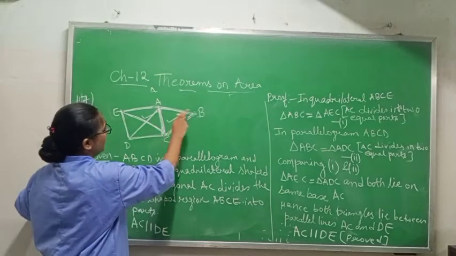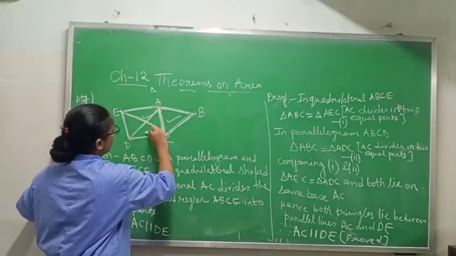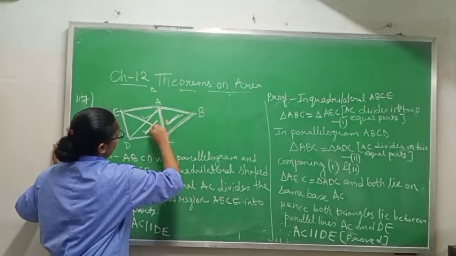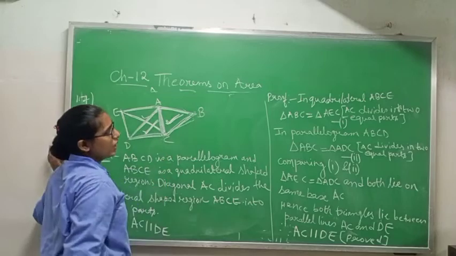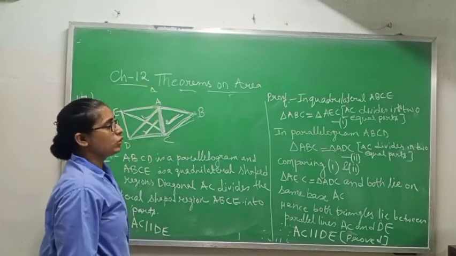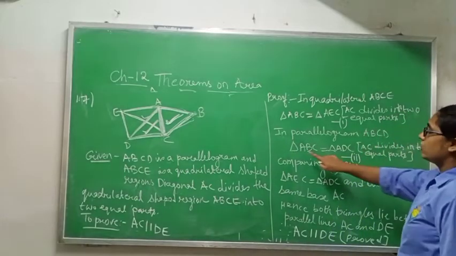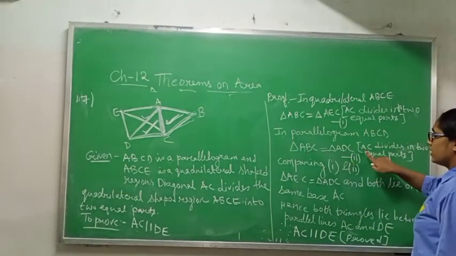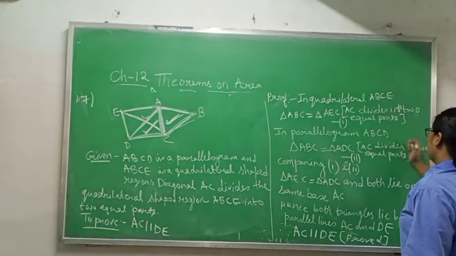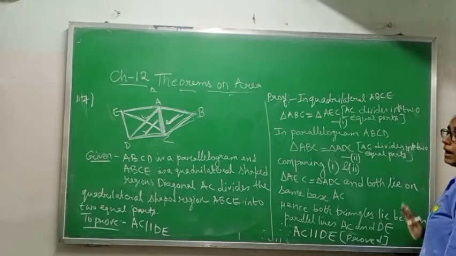It means that triangle ABC is equal to triangle ADC. This triangle and this triangle will be equal because AC divides it into two equal halves. So in parallelogram ABCD, triangle ABC is equal to triangle ADC, and the reason is AC divides it into two equal parts.